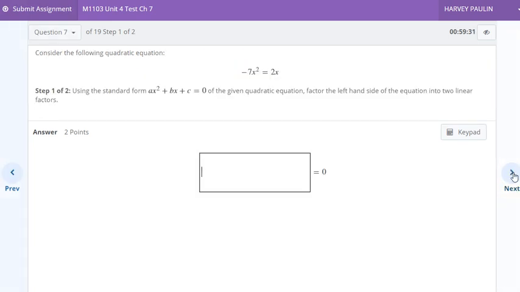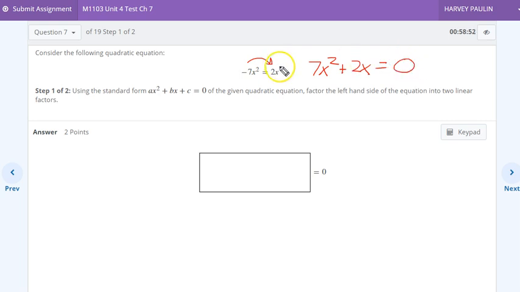Alright, here we're asked to put this in standard form first and then to factor it. Now you could do it a couple of ways. You can transpose this if you want and make that a positive 7x squared on this side, plus 2x, and that would still equal 0.